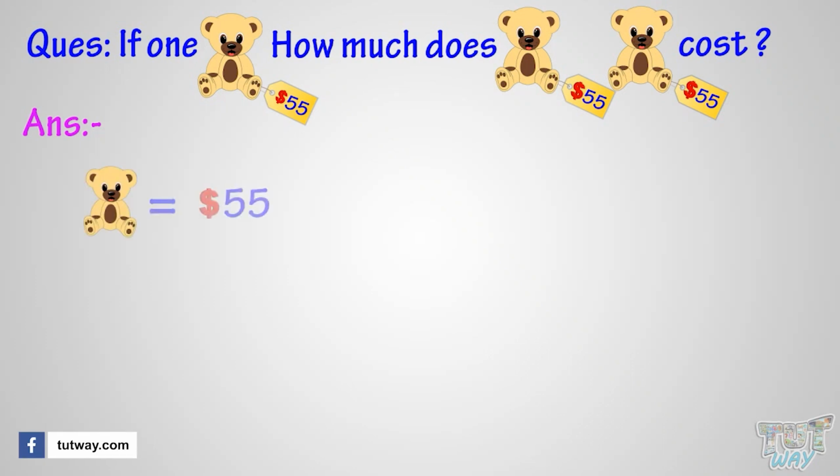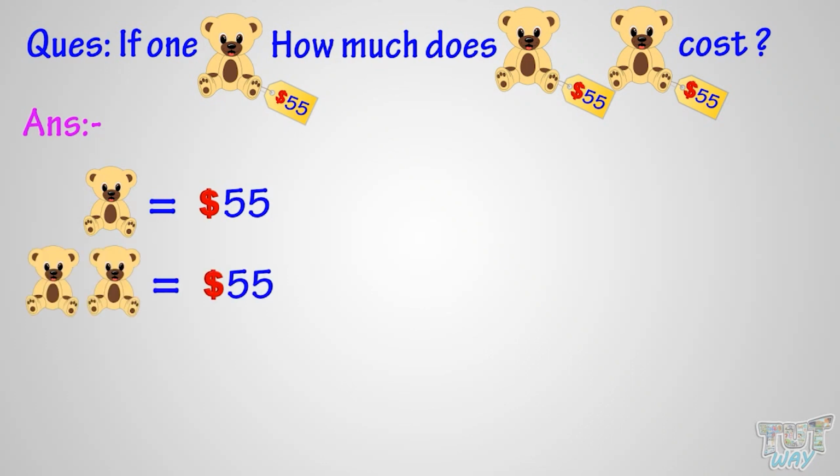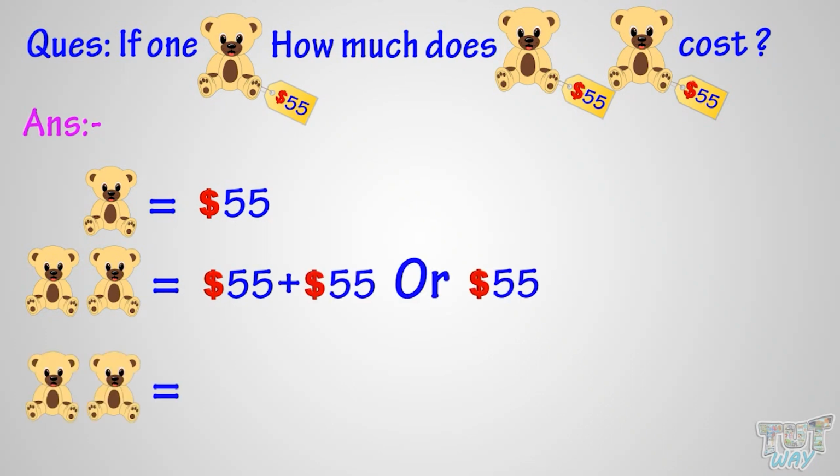One teddy costs $55, so 2 teddies will cost $55 plus $55, or 55 multiplied by 2. $55 plus $55, or 55 multiplied by 2, we get 110.